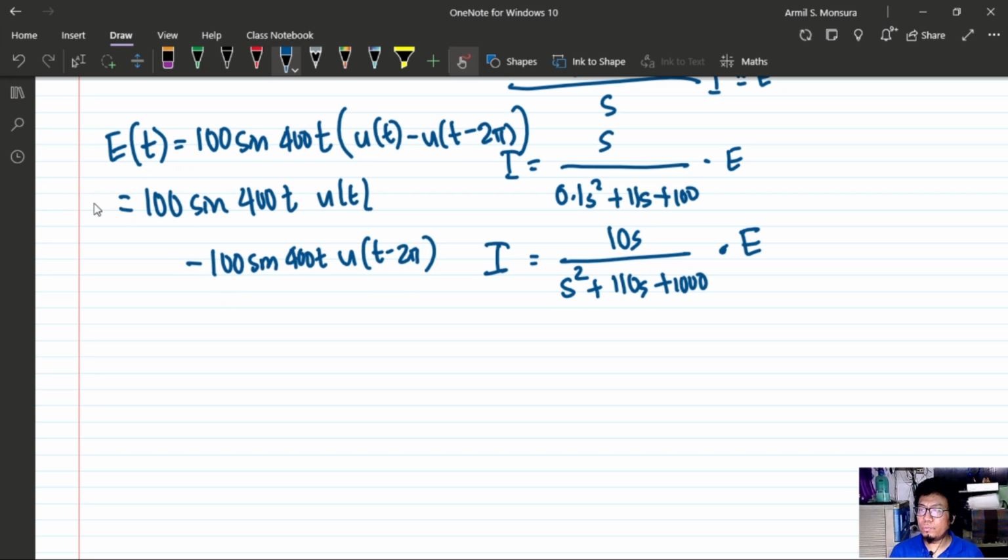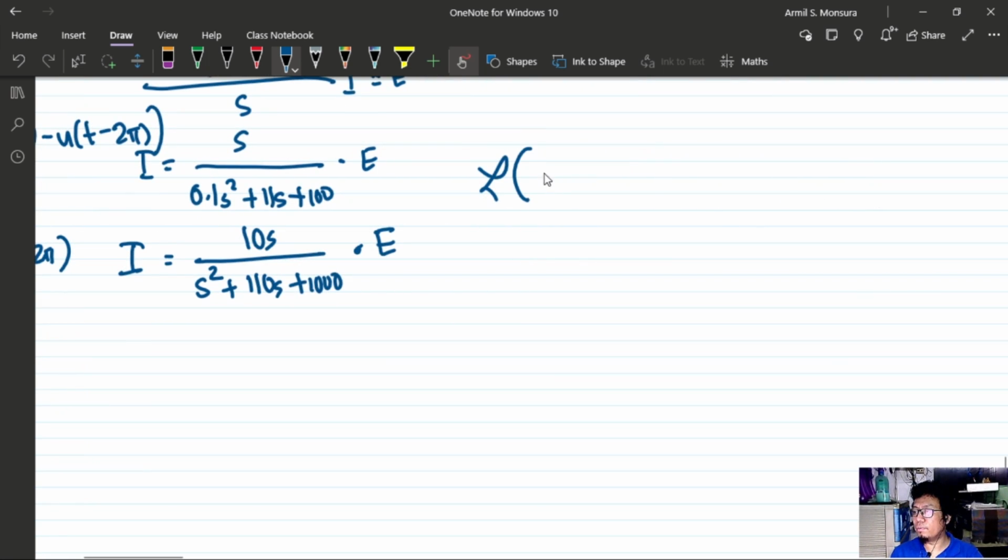For the first term, if you take the Laplace transform of 100 sine 400t times u of t, that's simply 100 multiplied to 400, because this is your omega. The Laplace transform of sine omega t is omega over s squared plus omega squared.